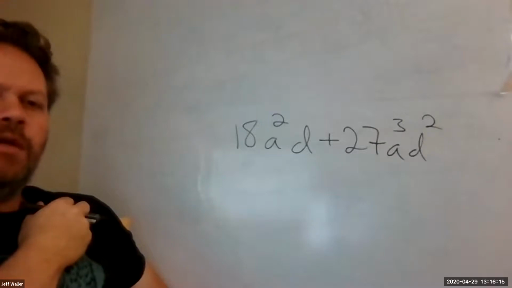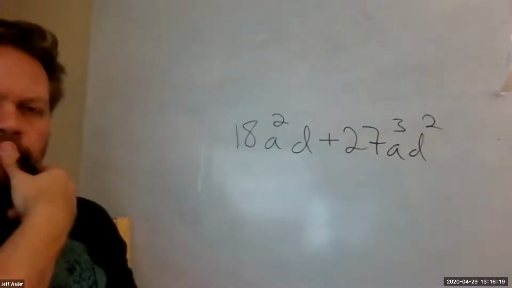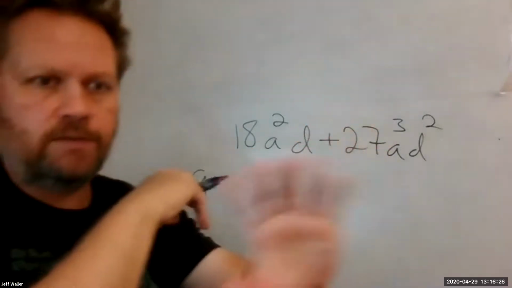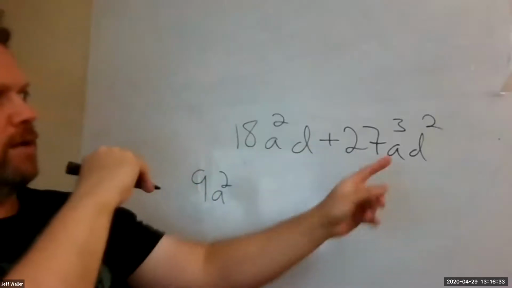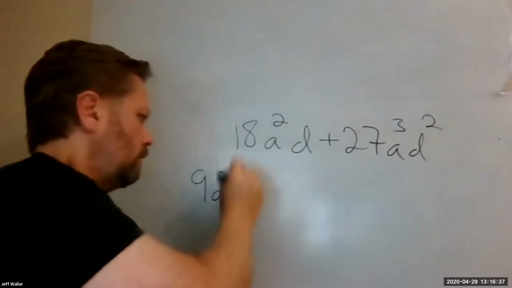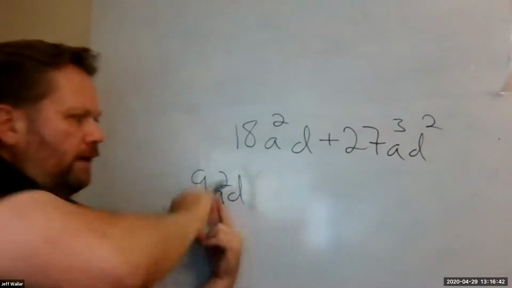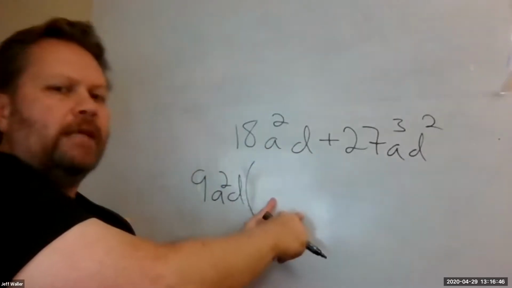What number goes into 18 and 27? 9. How many A's can come out? Remember, the shortcut is you look at the lowest power. A squared. And how many D's can come out? Just 1. And see how I put that a little bit back, so that when I draw this, I put the answer for this here, so I don't forget them.